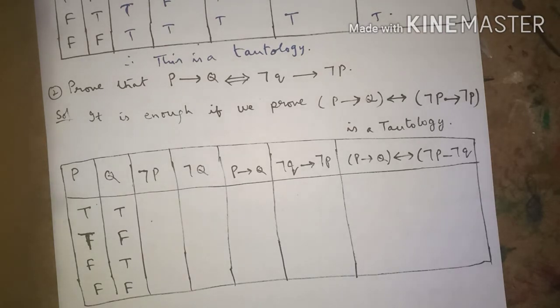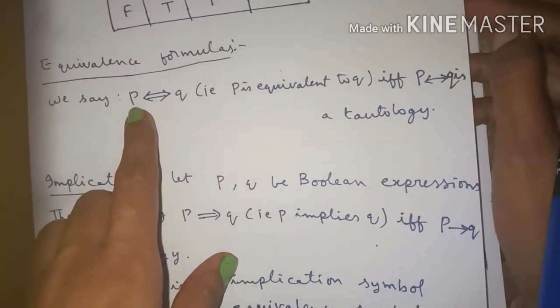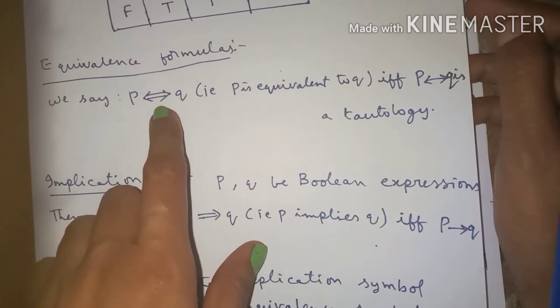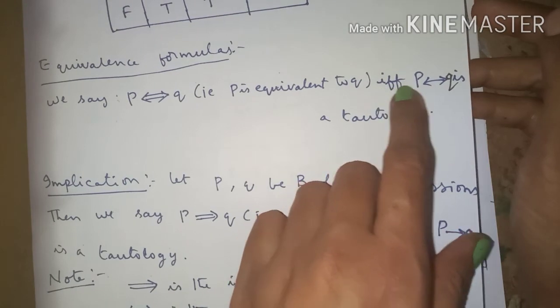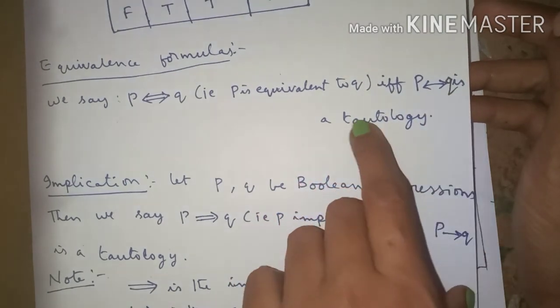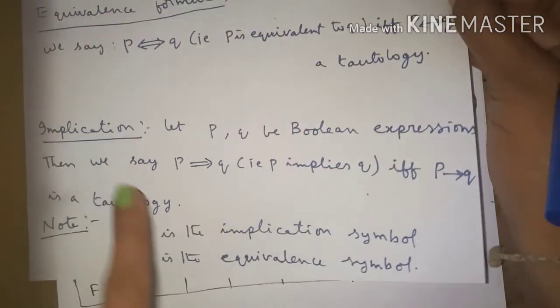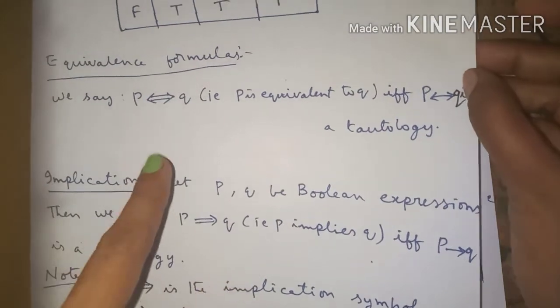To prove that, there are two formulas. P is equivalent to Q if P biconditional Q is a tautology, as well as for implication. These two formulas are there. I already explained.